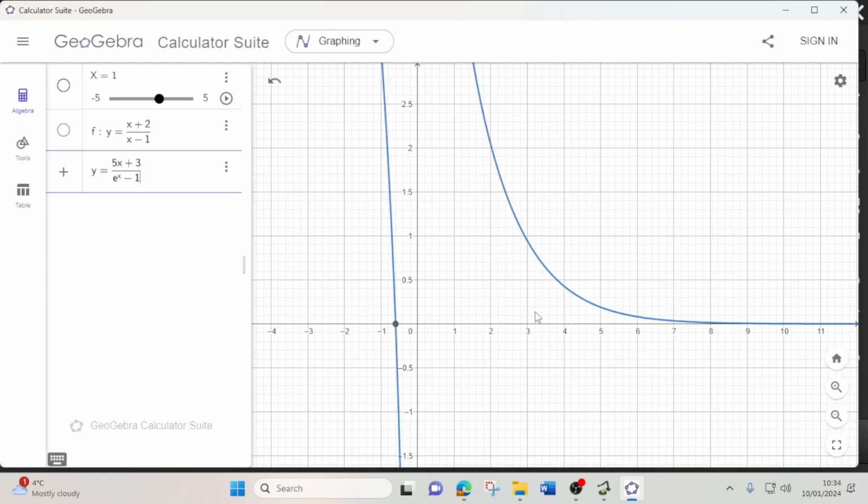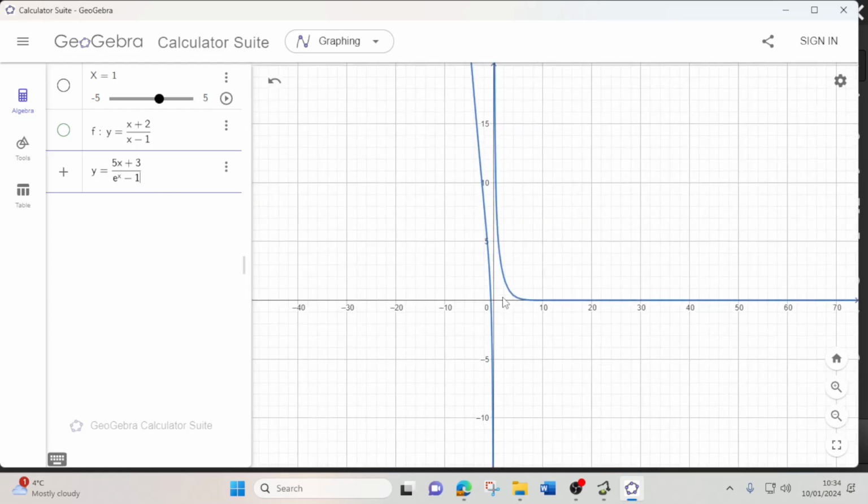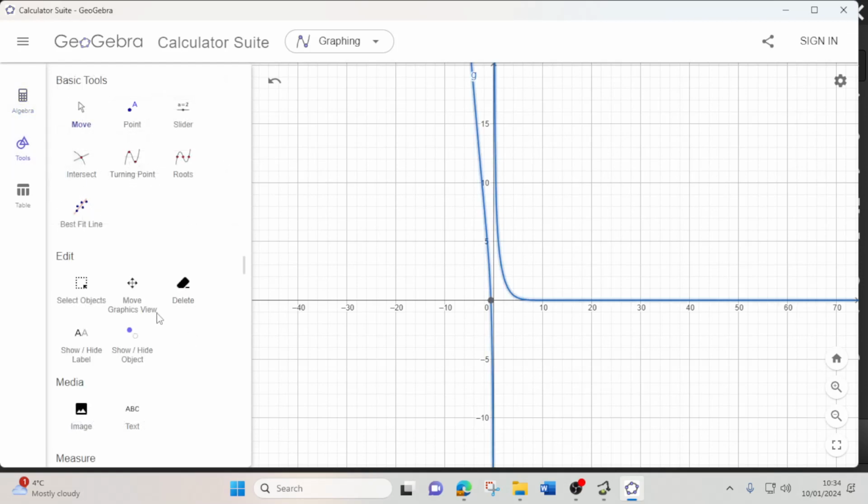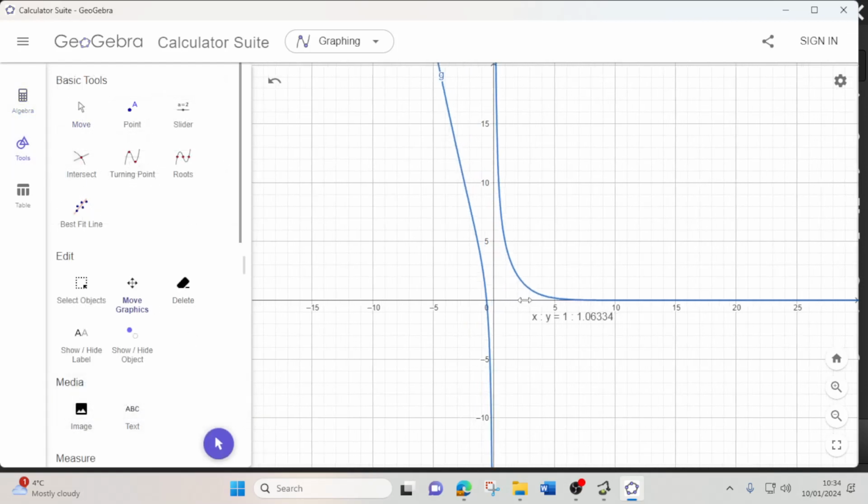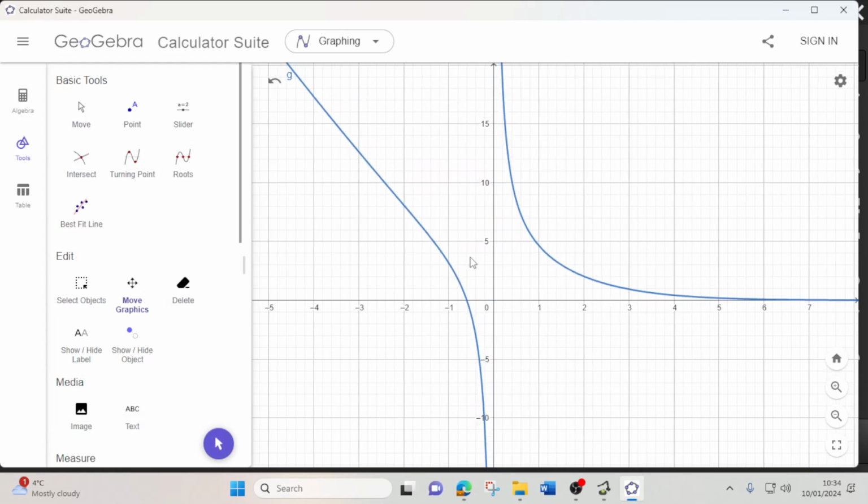Because in the graph, it's the vertical asymptote at x equals 0. So the vertical asymptote is x equals 0, which is okay again.